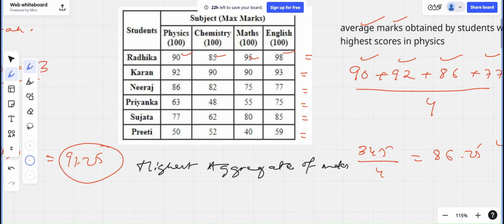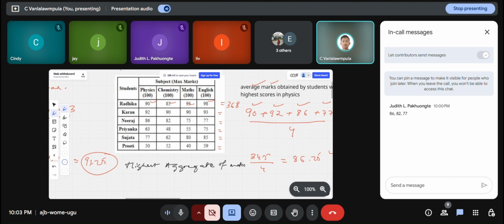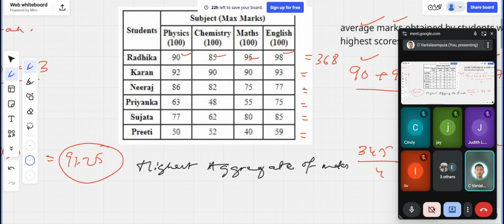They are trying to see how quick you can finish this task. It's quite easy but lengthy. Without a calculator it takes so much time. So 90 plus 85 plus 95 plus 98 is 368, right? So Radhika's aggregate is 368. It's not asking for a specific percentage or anything, it's just asking the names.